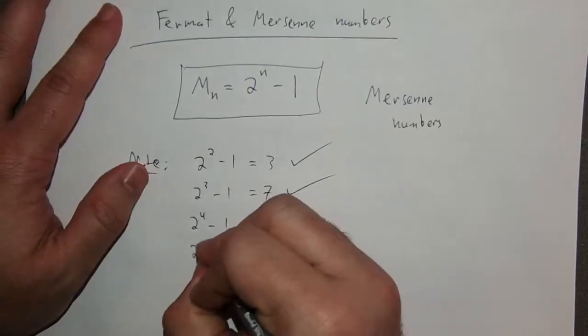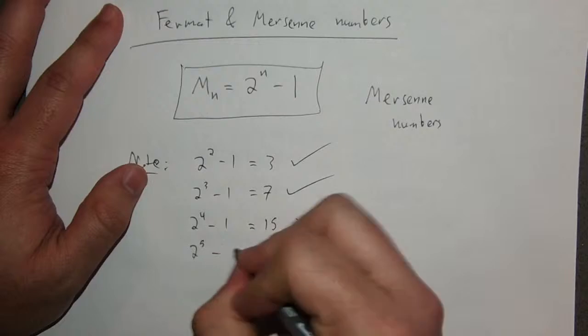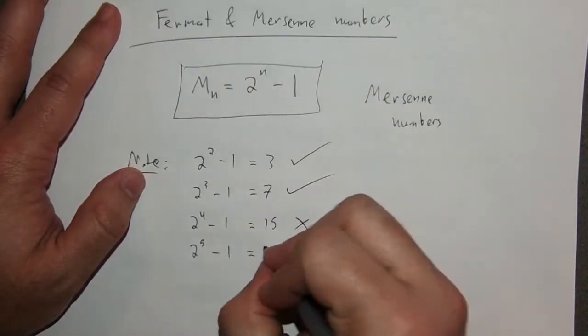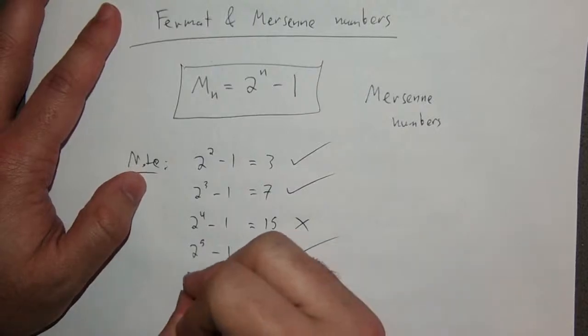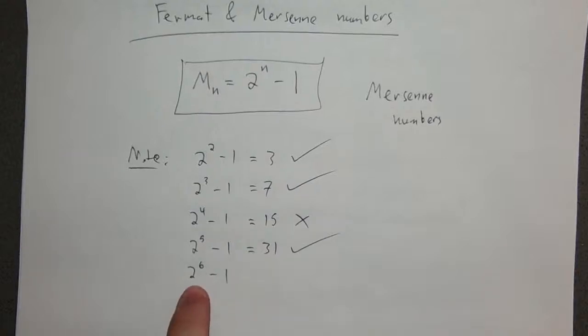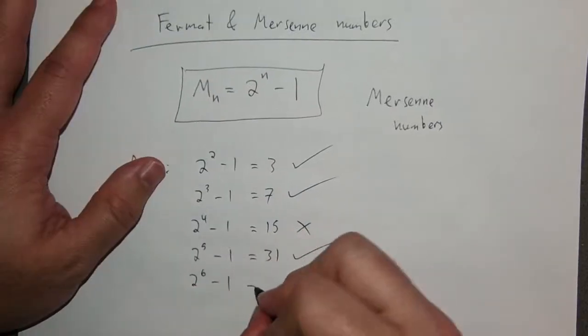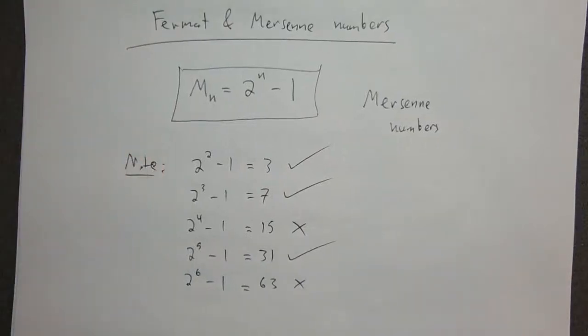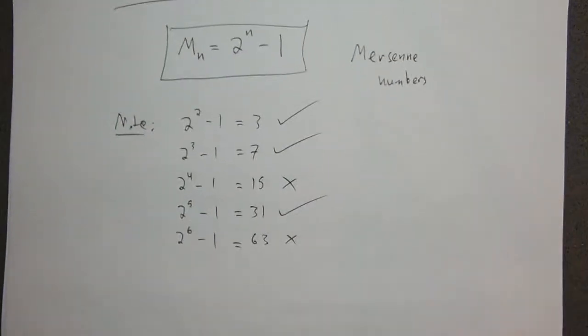Just going forward a little bit, 2 to the 5th minus 1 is 32 minus 1, so that's 31. That's prime. Okay. 2 to the 6th minus 1, what is that? That is 64 minus 1. That's 63. That is not prime. Okay.